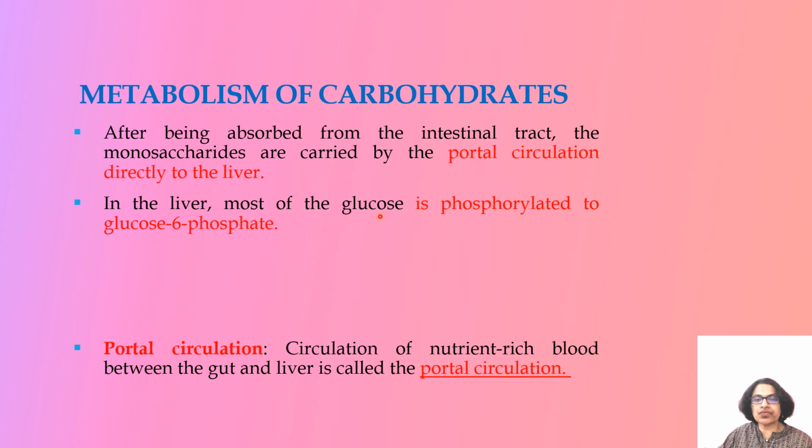In the liver, most of the glucose is phosphorylated to glucose 6 phosphate. This portal circulation of nutrient rich blood between the gut and liver is called portal circulation.